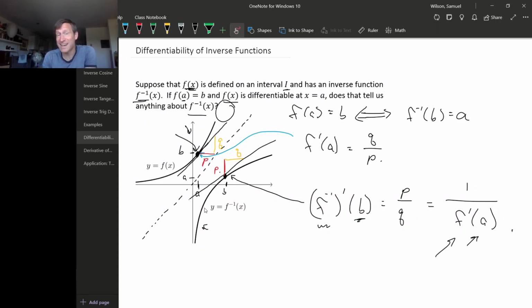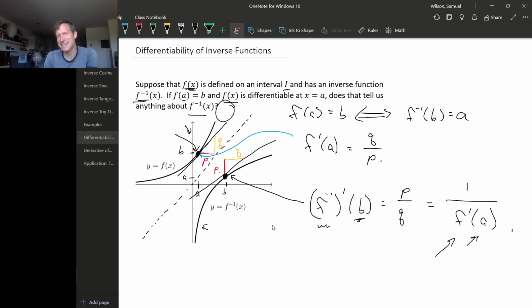Now, in fact, it is possible to prove that if the derivative at a exists and the inverse exists, then the derivative of the inverse function exists. But actually proving that precisely is surprisingly technical, and so I'm not going to prove it.